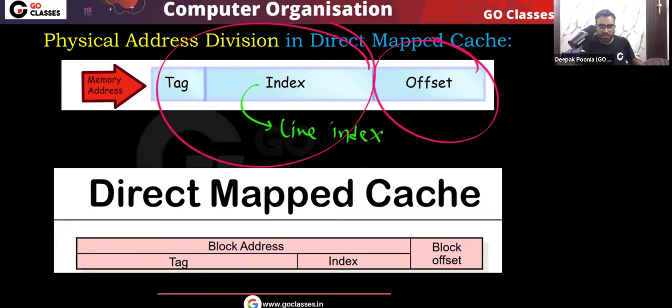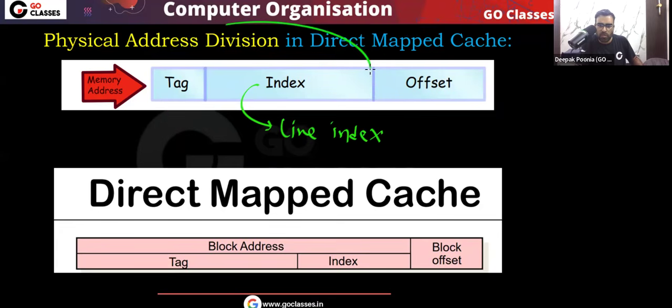This tag and index combination, this combined part, is actually the block address. You can see in this diagram that tag, index together is the block address. So if you want to find the block address, that will be the tag, index combination.